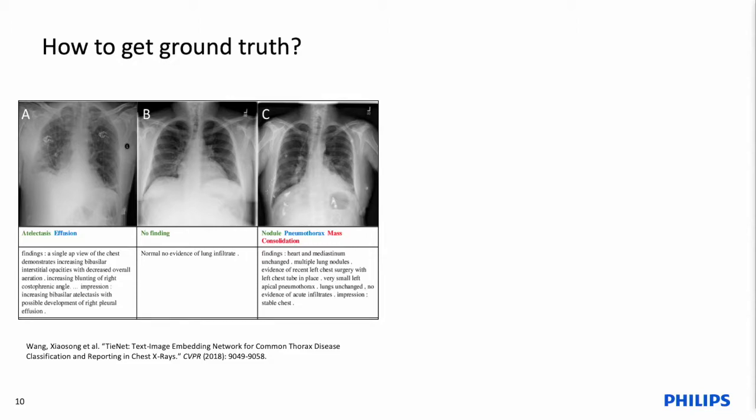For example, from these reports, the word mass or nodule has come up. These are used as maybe noisy labels to label the image, and we can then use machine learning with those labels to try to understand the image.